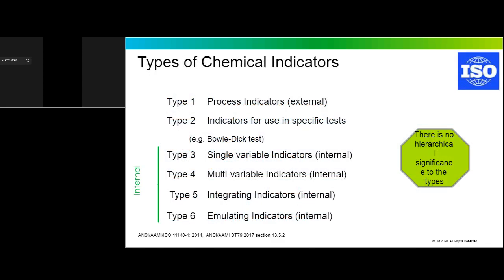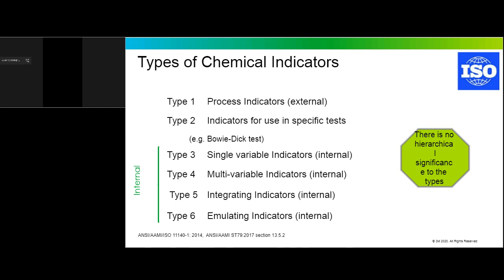Just like you guys have to be aware of standards, so too people who manufacture chemical indicators, like my employer, 3M, we have to comply with international standards. So in particular, for chemical indicators, there's an ISO standard, an international standard 11140 Part 1, that provides performance specifications for chemical indicators. This standard details 6 types of CIs based on the characteristics and intended use of the indicator.